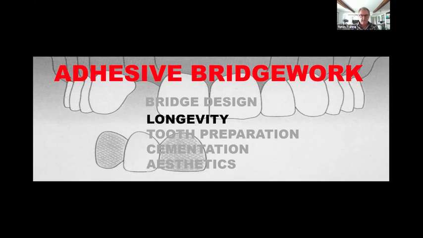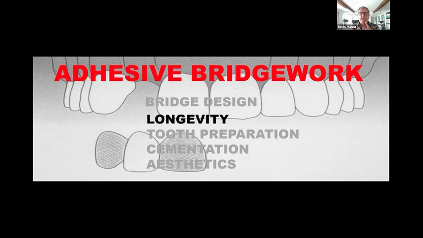I'll say it again, just to recap. The Maryland does not have the same resistance and retention form as a full crown. It is therefore liable to have more stress on the cement lute. We therefore have to do one of two things: either introduce more resistance retention form, which we'll talk about in tooth preparation, or go to a bridge design where there is more stress breaking, so we don't have the stress on the cement lute.